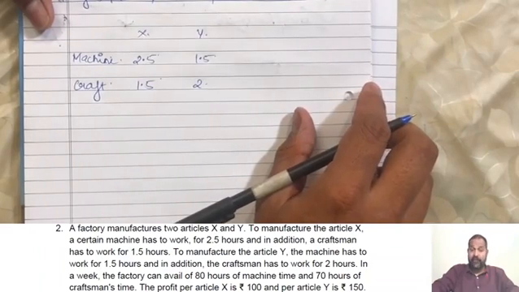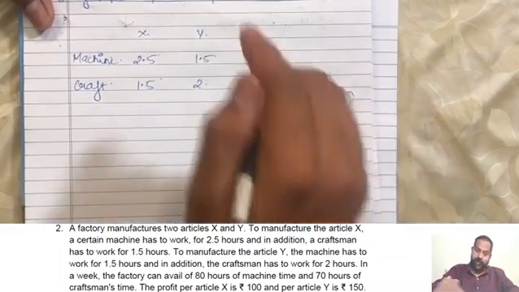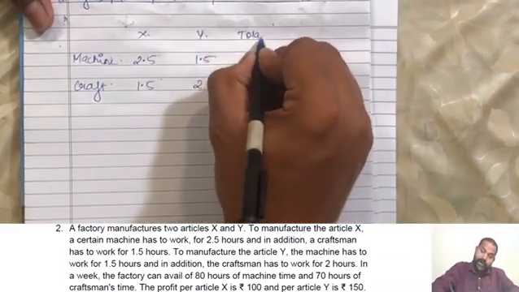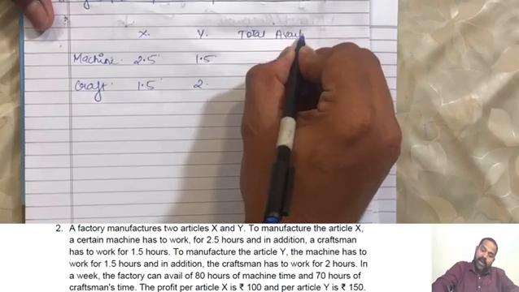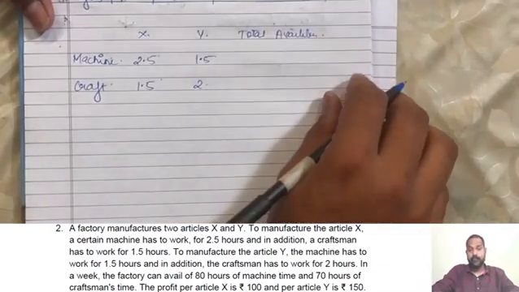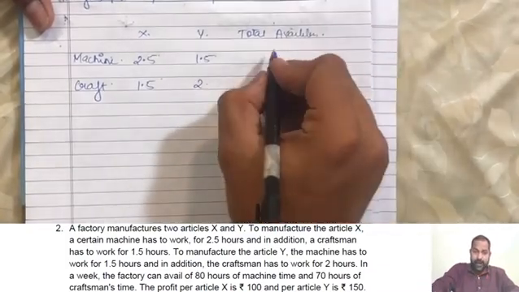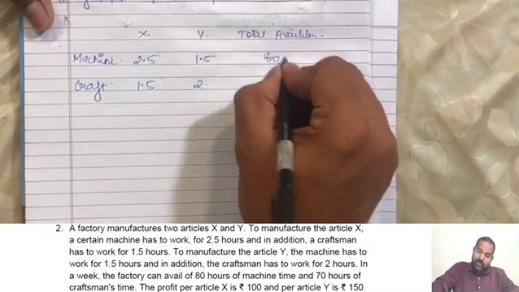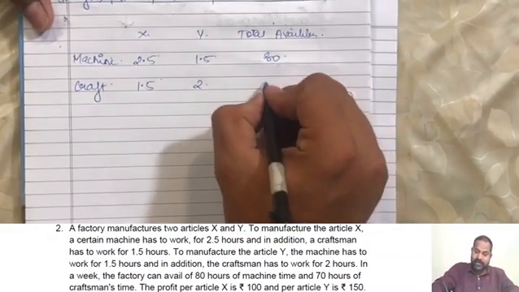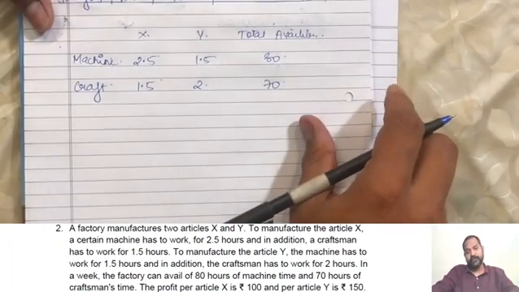The factory can avail 80 hours of machine time and 70 hours of craftsman time. So the total available is 80 hours of machine time and 70 hours of craftsman time.